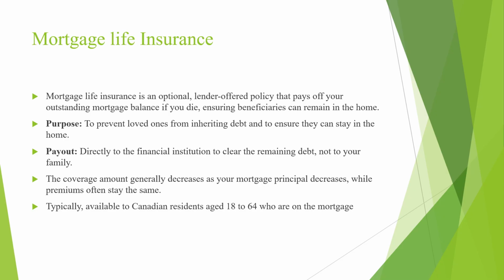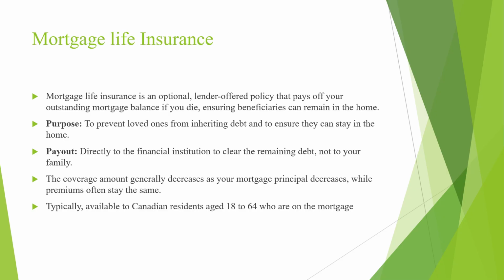Unlike life insurance, where the payout goes directly to the beneficiary, in mortgage insurance the payout goes directly to the financial institution. It's not paid to your family. So that's mortgage life insurance.